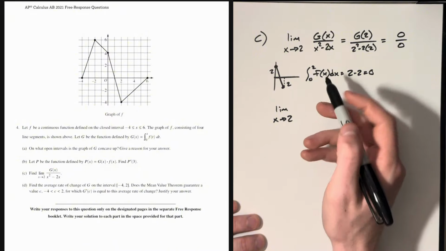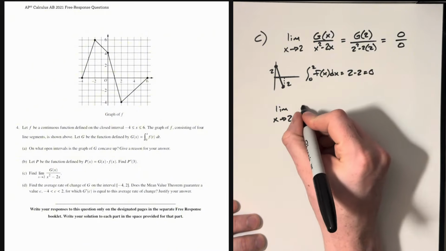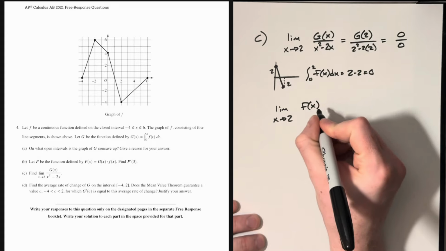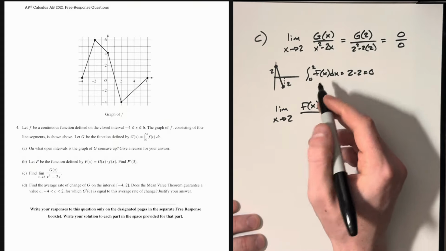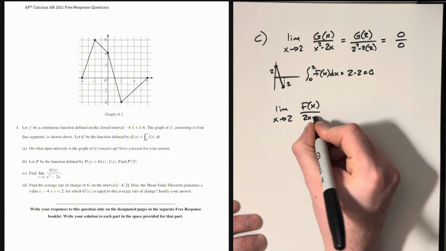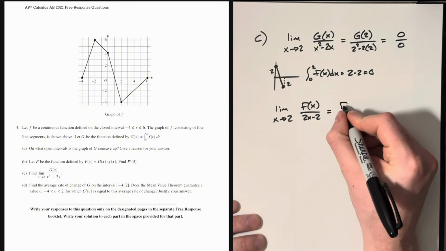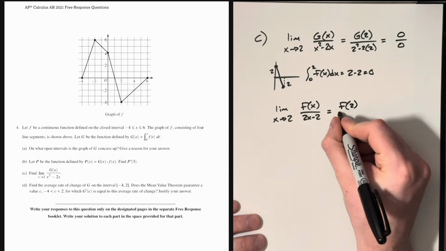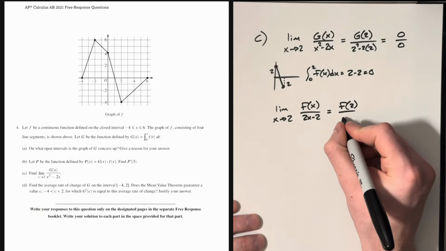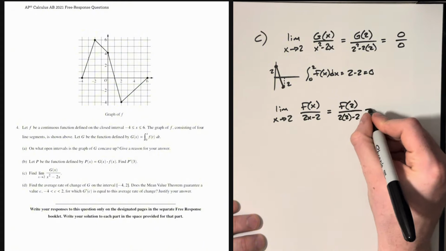L'Hopital. And that tells me that this limit's value is going to be equal to the value of the limit as x approaches 2 of the derivative of g of x. Well, we've talked about earlier, the derivative of g of x is f of x, divided by the derivative of the denominator, which is 2x minus 2. When I plug in x of 2 now, doing that direct substitution step, I get f of 2 over 2 times 2 minus 2.